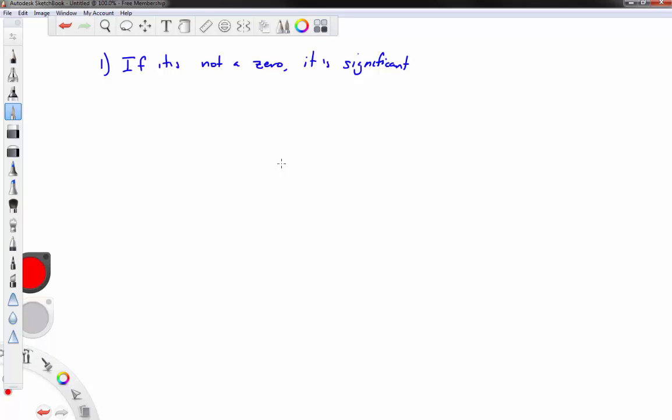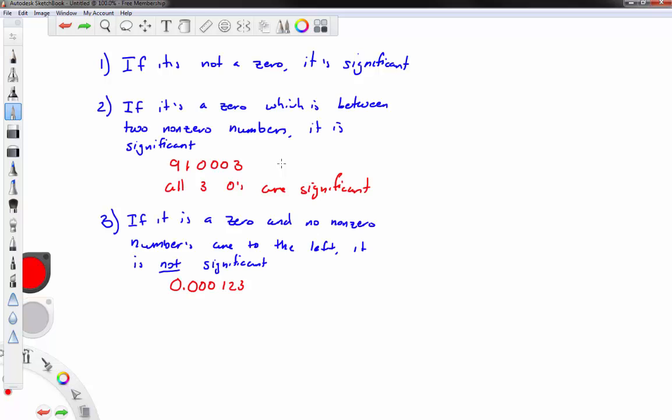So 1, 2, 3, 4, 5, 6, 7, 8, or 9 are all significant. Second, if it's a 0 which is between 2 non-zero numbers, then it is significant. That also includes if there are several zeros between the 2 non-zeros.